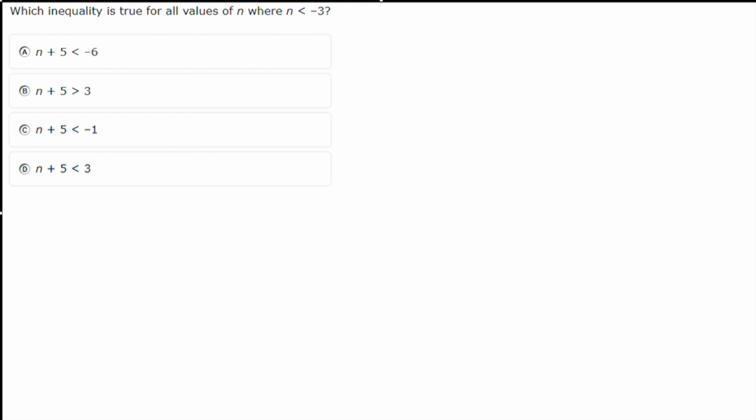So let's try answer choice A. A says n plus 5 is less than -6. So where we see n, we're going to plug in -4. -4 plus 5 is less than -6. How do we solve that?